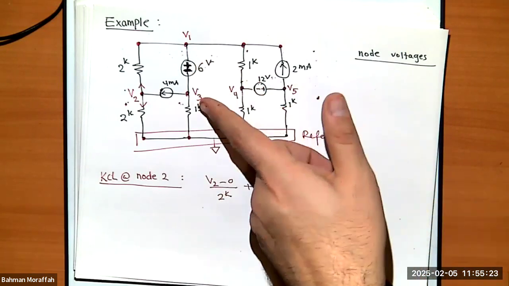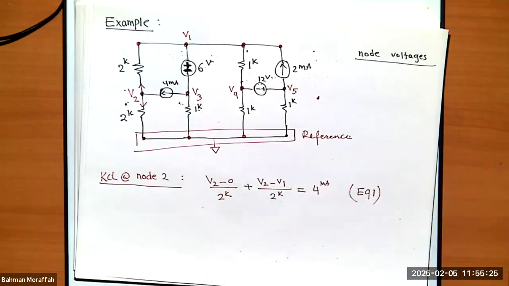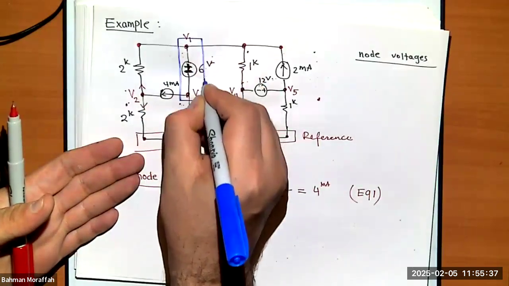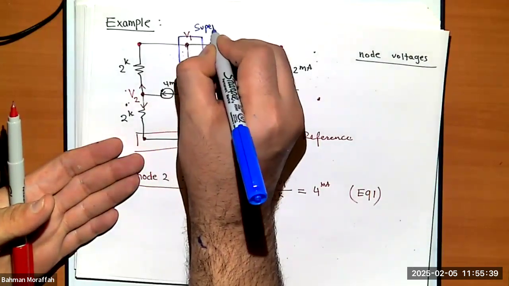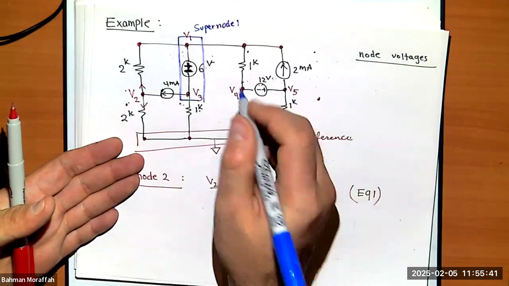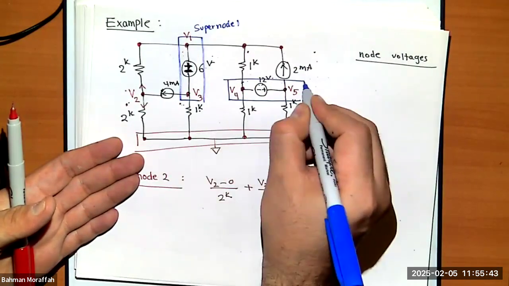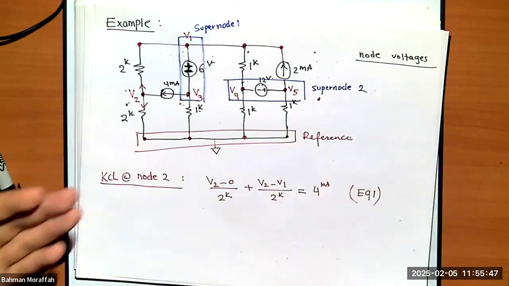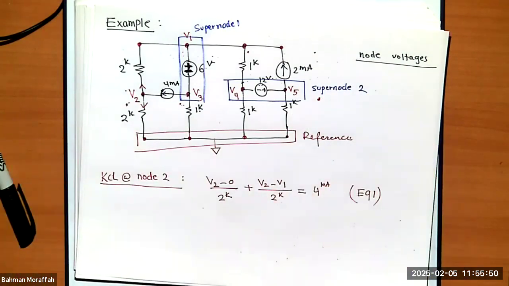Since these voltage sources are located between two nodes that are not reference, we have to glue them together and form a supernode. So let's call this one over here supernode 1, and this one over here supernode 2.